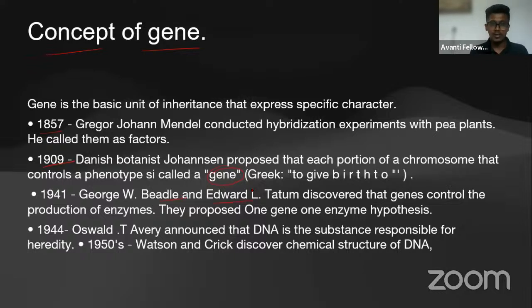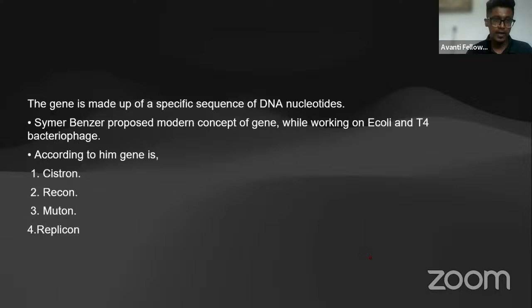You don't have to remember this. It's a journey. They proposed the one gene, one enzyme hypothesis, so each gene is responsible for each protein or each enzyme. And then we have Oswald Avery, who showed that DNA is the genetic material, and then you have Watson and Crick, who suggested the structure of DNA.